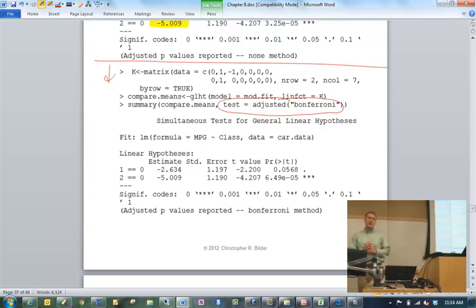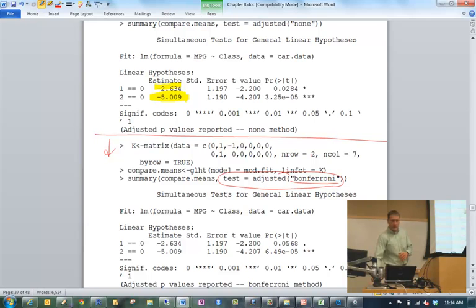So far we have been using test equal to adjusted, quote, none, meaning no adjustments at all to these p-values to account for the family-wise error rate. If I put Bonferroni here, I get a Bonferroni correction. Okay. Well, let's compare the output we get now to what we had above. What's the difference between the two sets of output?